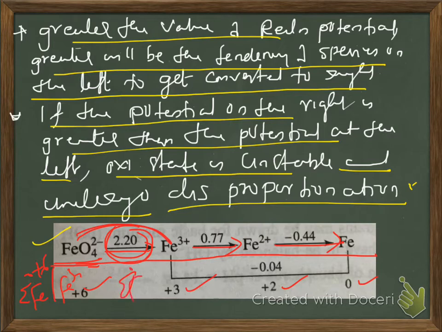E0 Fe3 plus/Fe2 plus is to be represented between these two species, that is here. Here we have another potential, of Fe2 plus/Fe, that you can see in the electrochemical series. This kind of representation is known as a Latimer diagram.